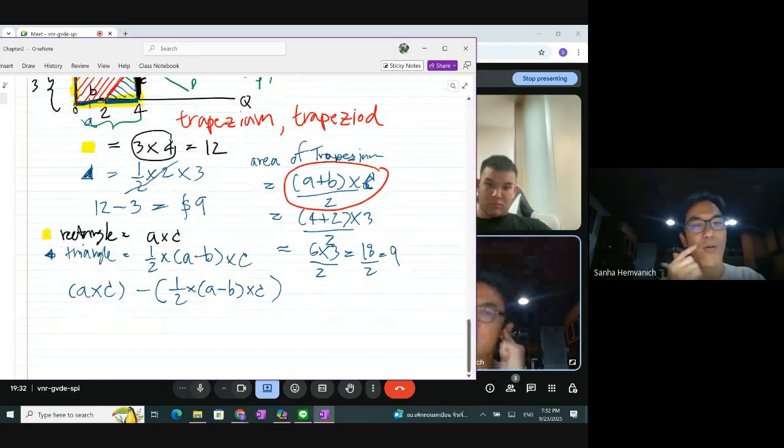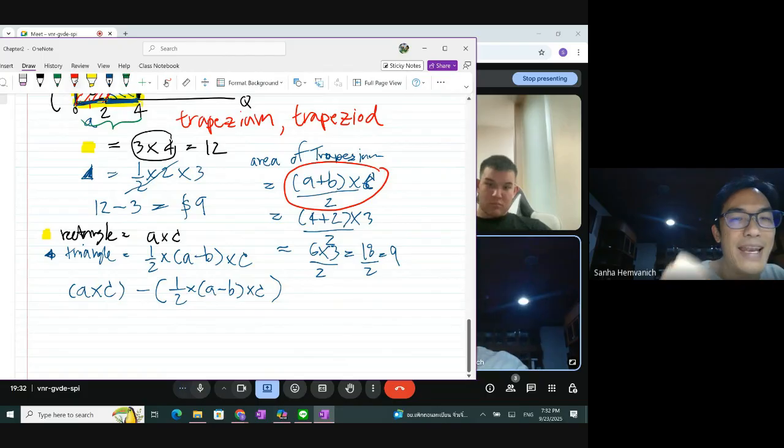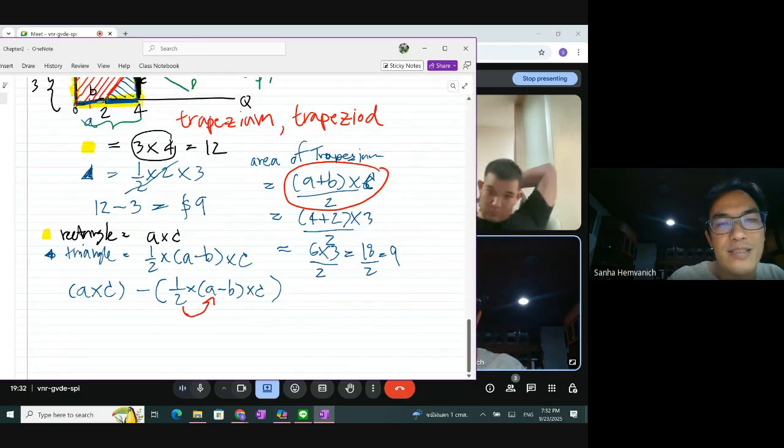So I can expand it. 1/2 is multiplied with A minus B, and C is multiplied with A minus B as well.